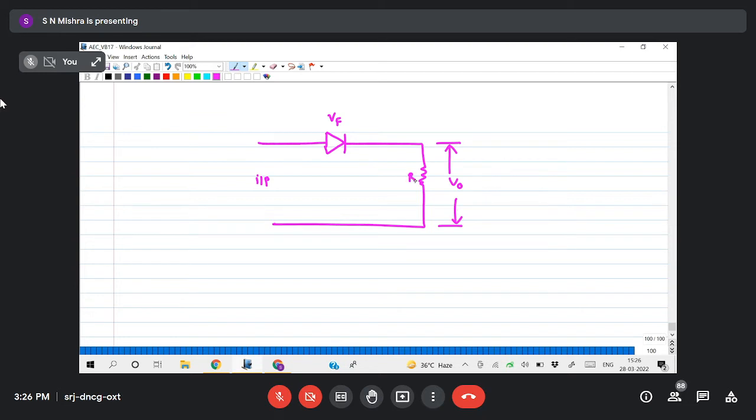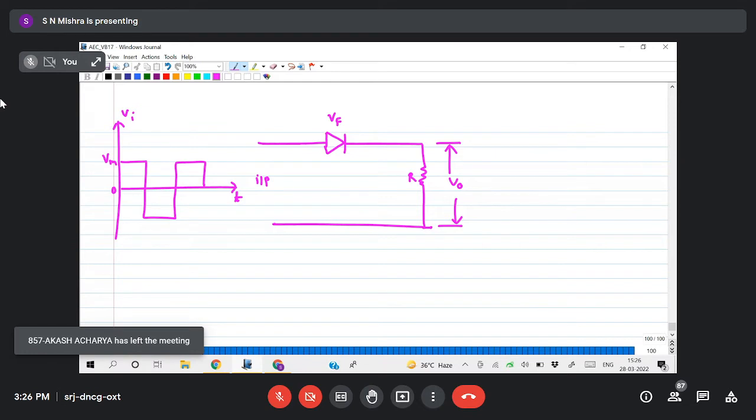This is R, and the input I am giving as a square wave. Try to solve it the same way. I'm giving 3 minutes.